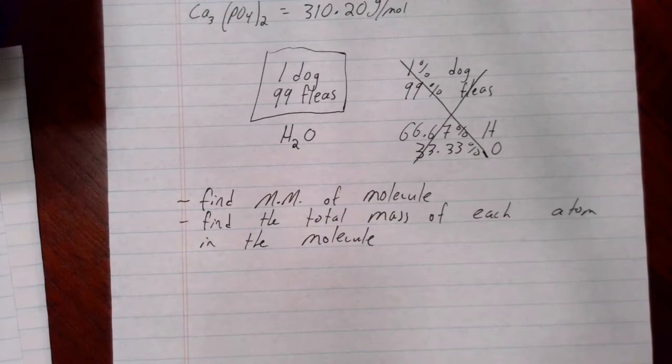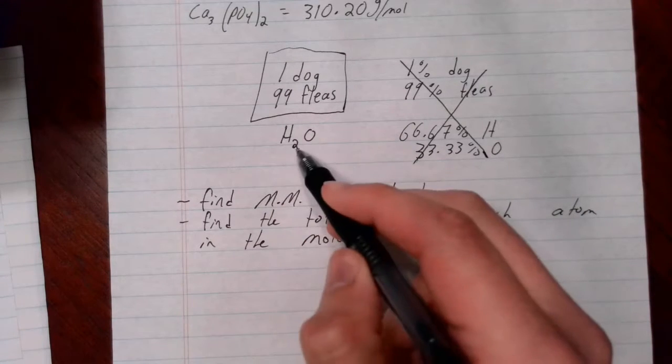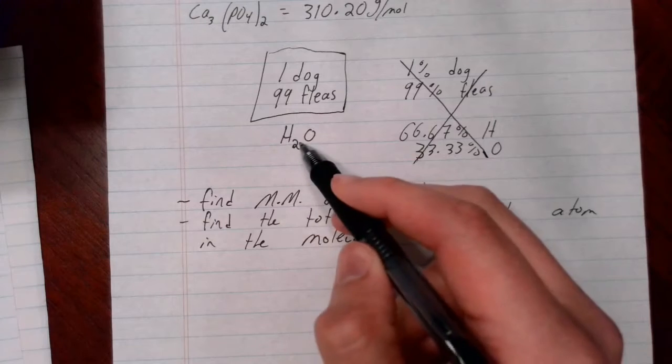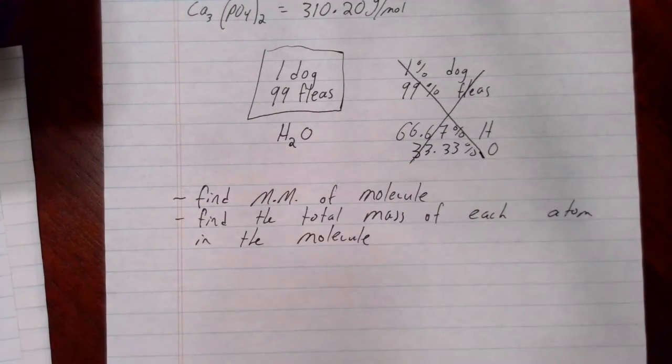So what do I mean by total mass of each atom? Let's just say in the water example, there are 2 hydrogens. So the total mass of hydrogen will be 2 times the mass of hydrogen. So I look for the total mass that is derived from that hydrogen there.